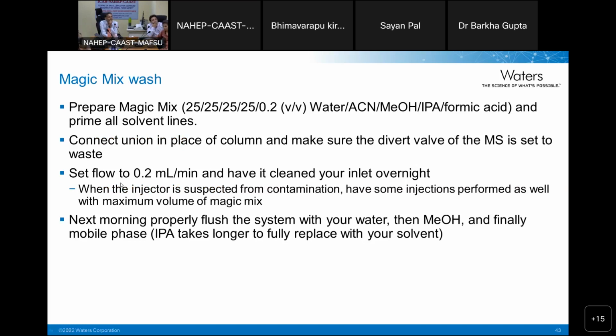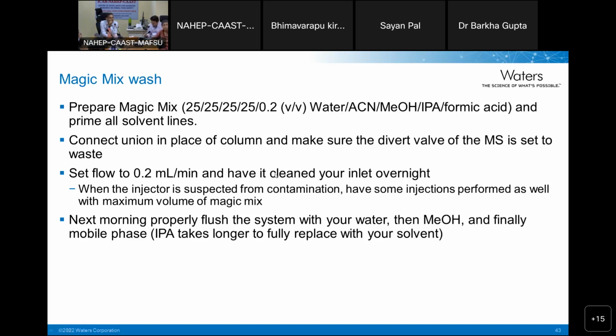Set the flow to 0.2 ml per minute and allow it to run overnight. This applies to all the mobile phase lines, A, B, C, and D. Everything should be put in this bottle and everything should be pumping for a longer duration of time.